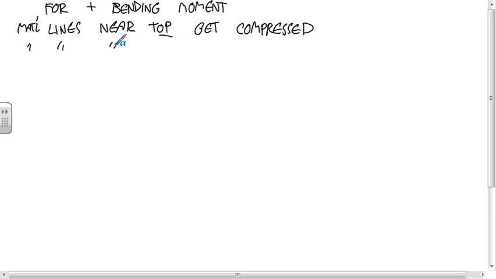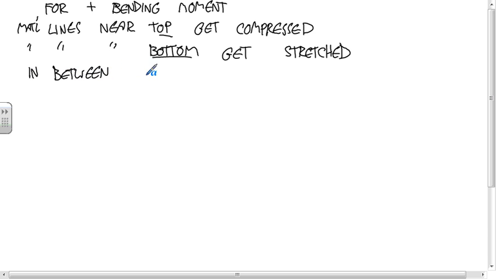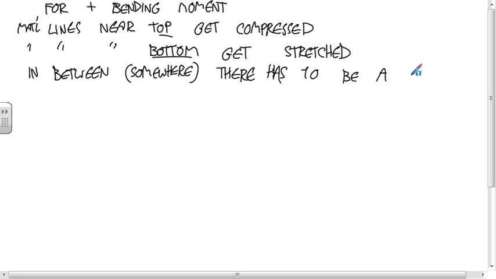Material lines near the bottom get stretched. And in between, somewhere, there has to be a line that stays the same length after deformation.